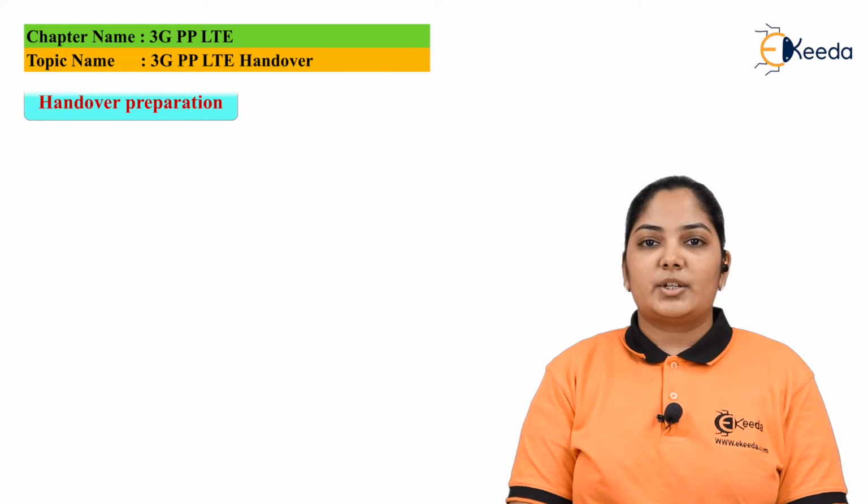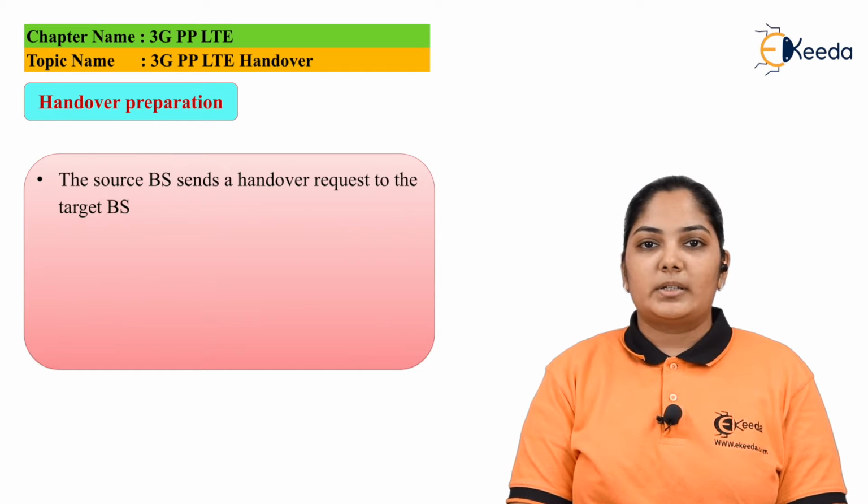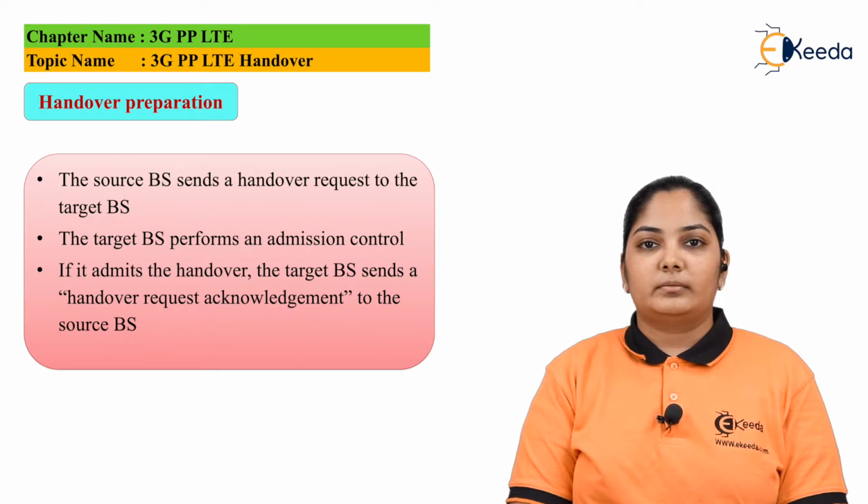The source base station sends a handover request to the target base station. There are two base stations involved here. The first one is the actual base station in which the mobile is already communicating, and the second, the target base station, is the one to which the handover is going to take place. The call is then going to get transferred to that base station. The target base station performs an admission control, means it performs the intake of this mobile station on its channel.